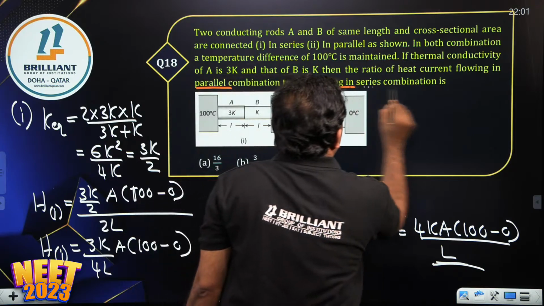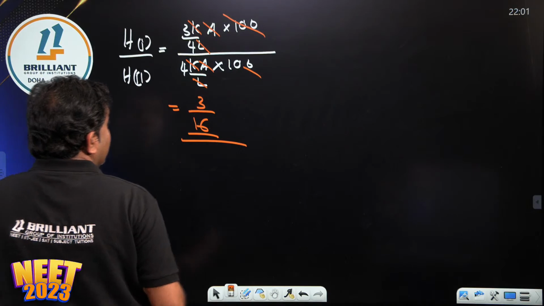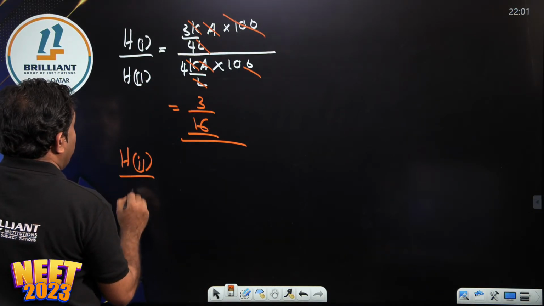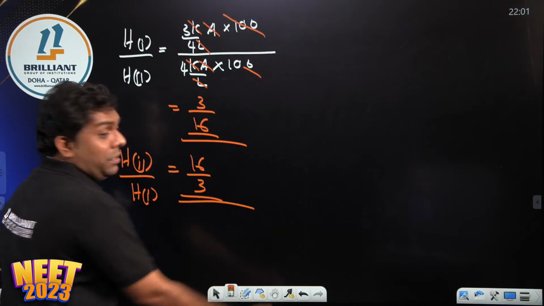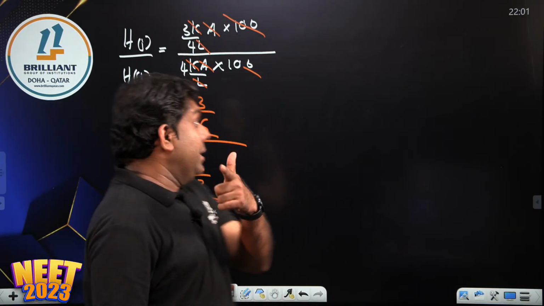So the ratio is reversed, so it is 16 by 3. So the ratio H second by H first is 16 by 3. Important question, please take care in this question.